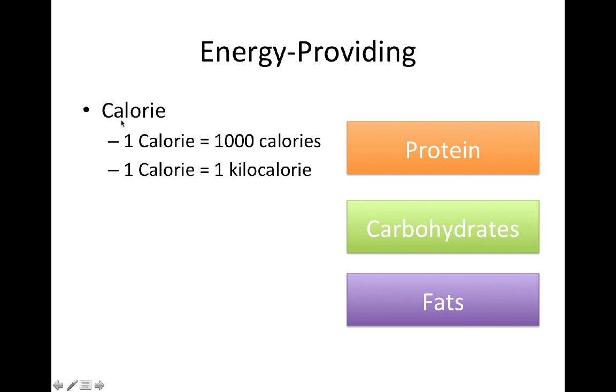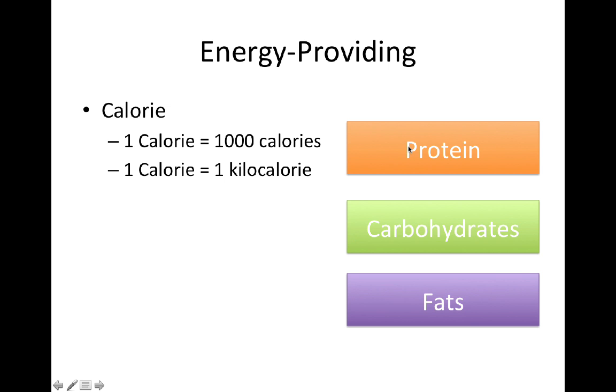When we talk about food calories, you'll notice that there's a capital C. This is because a food calorie is actually a kilocalorie. So 1 capital C Calorie equals 1,000 calories. In subsequent videos, and in the rest of this video, if I use the term calorie, I'm referring to the capital C Calorie, because that's how food works.